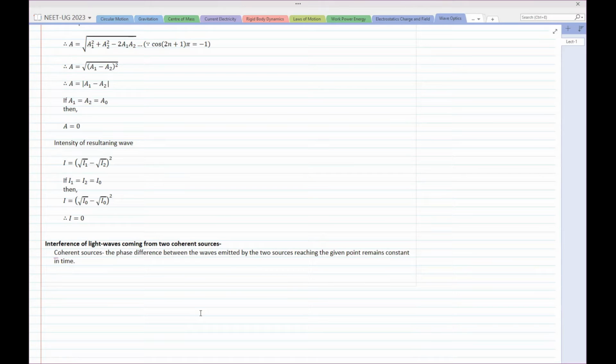So that phase difference should not vary. Then such sources are called coherent sources.